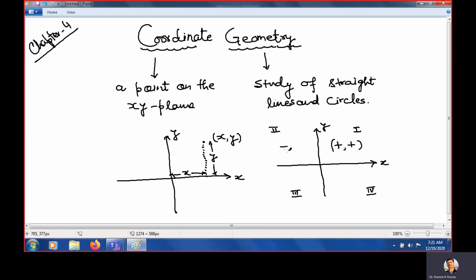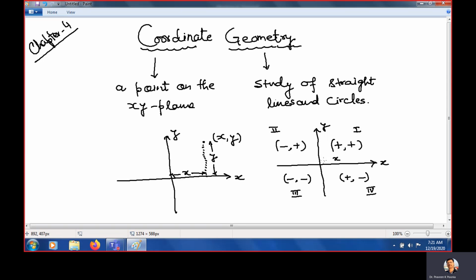But here x will be negative, y will be positive. Here both will be negative in the third quadrant. And here x will be positive but y will be negative. These four things you need to remember, because you must be aware where x is positive, where y is positive.